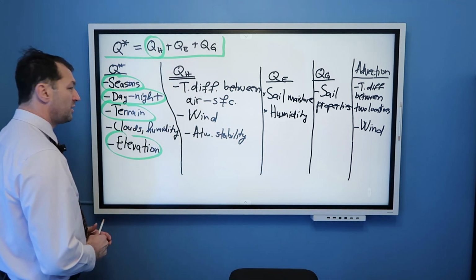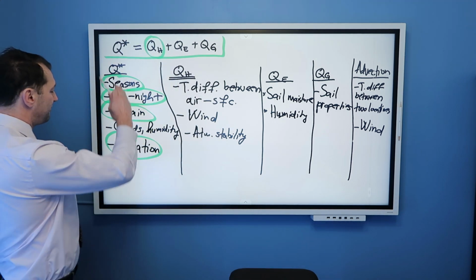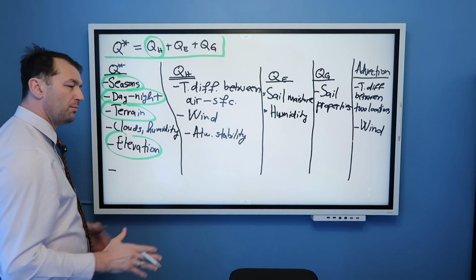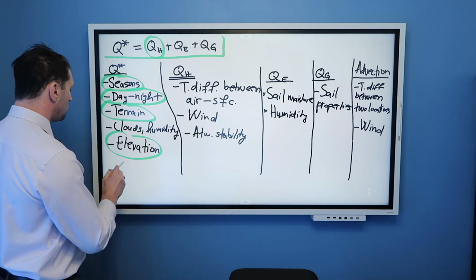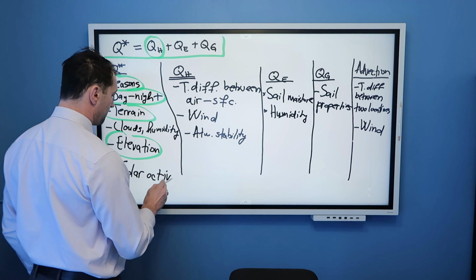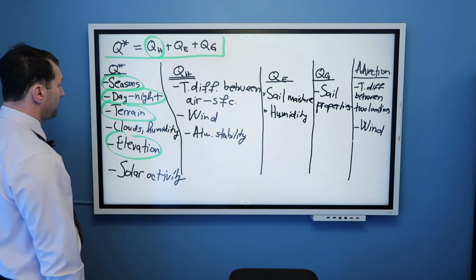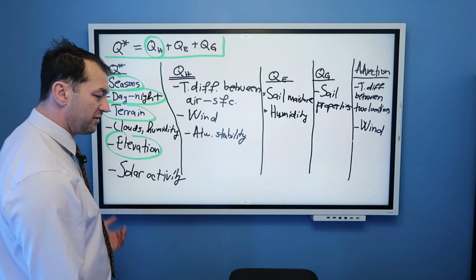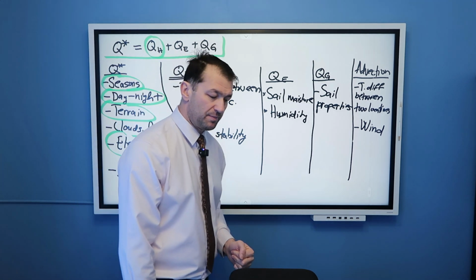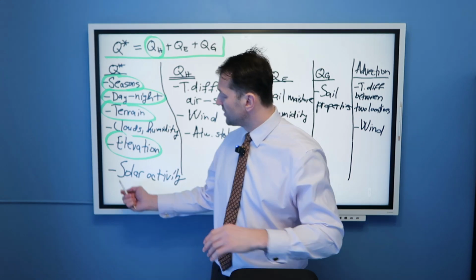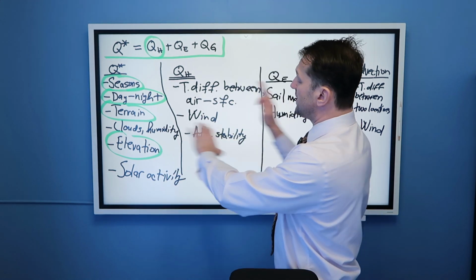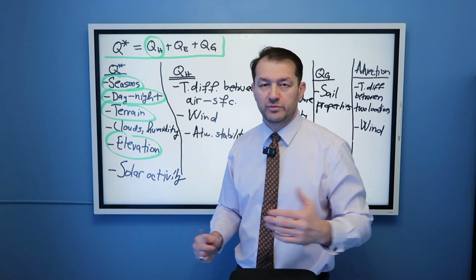Lastly, there is one more term that I purposely omitted, rather a factor in Q star, which is not often listed, but for completeness we should list it, and that's solar activity. Namely, of course, if the sun all of a sudden becomes much more active, then this Q star could change significantly, particularly shortwave radiation. But solar activity is pretty constant when compared to all these other factors, so quite often it is just assumed to be constant.